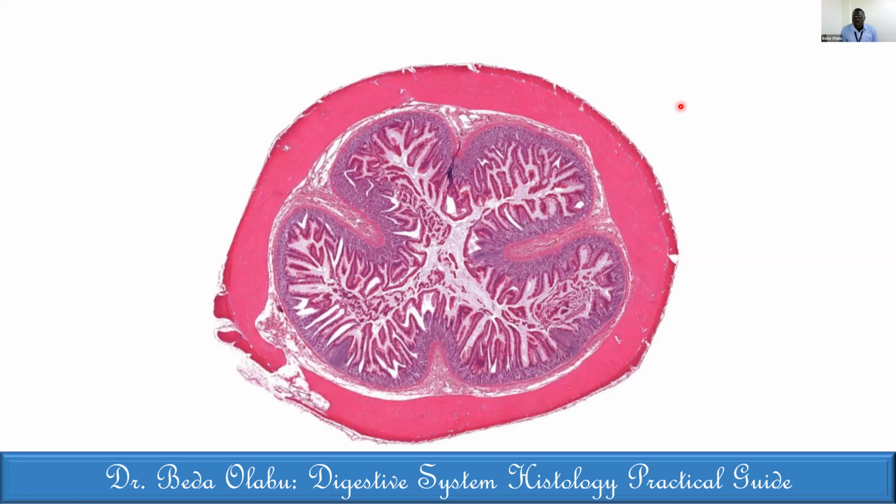Very well. So we are seeing a segment of the GIT that has longitudinal folds. Como, what do you think? What part of the GIT could this be? If it has longitudinal folds, we have 2 choices. It can either be the rectum or the esophagus.